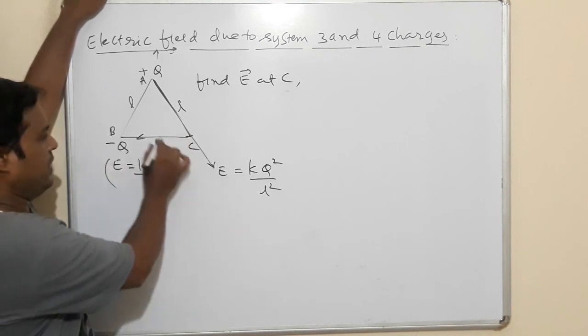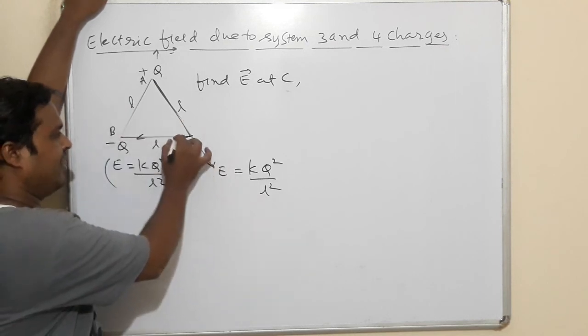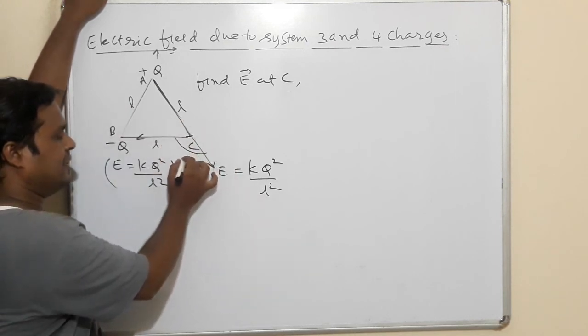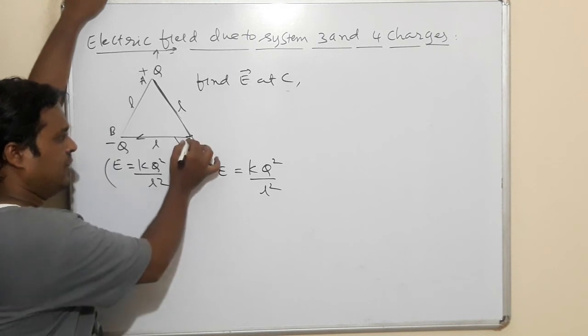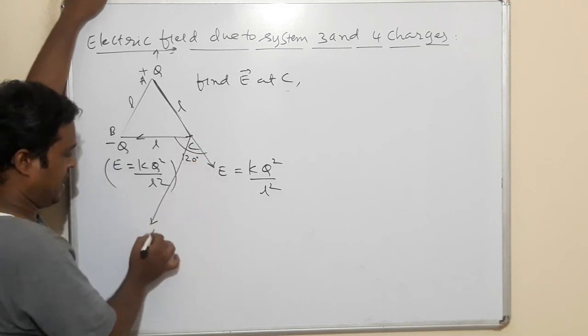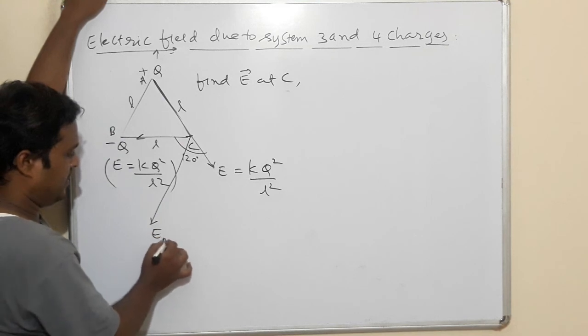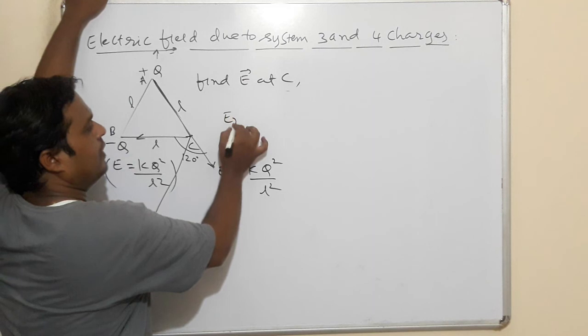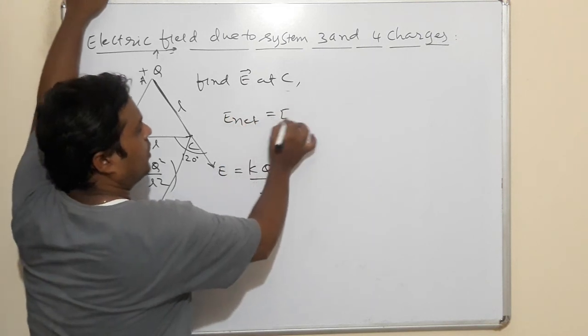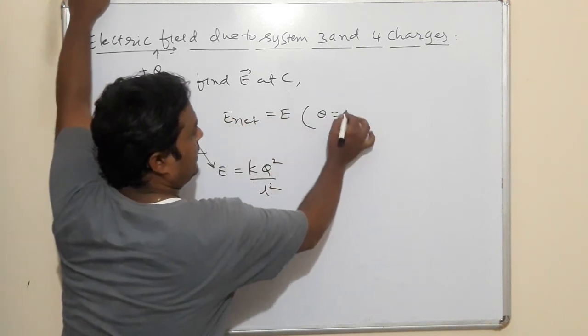Both the fields will be equal. What is the resultant? The angle is 120, so the resultant will be exactly along the angle bisector. Then this is E net, this is E, this is E. Then E net will also be equal to E because theta is 120.